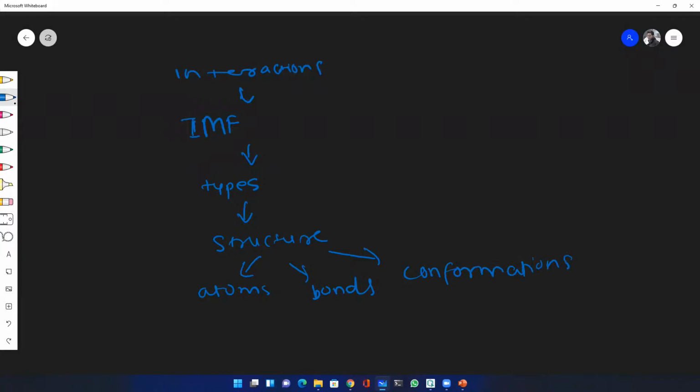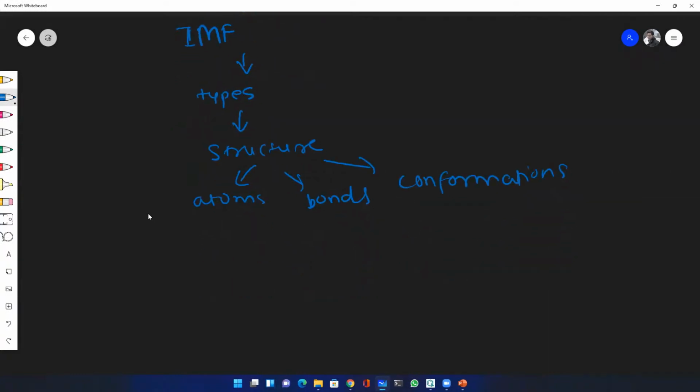Based on the atoms, bonds, and conformation, we can understand what kind of forces they will be able to exert on other molecules or other atoms in the vicinity. And then if we know the forces, we can compute the energy. If we know the energy, we can understand the chemical reaction happening.